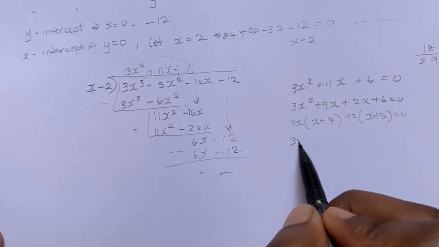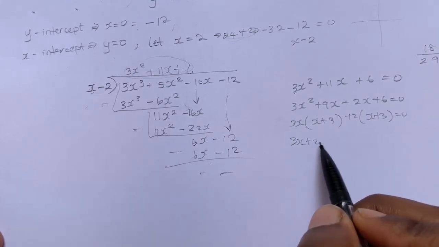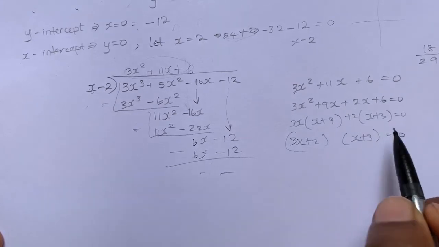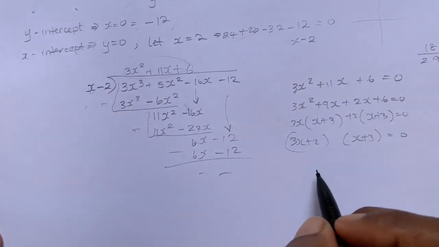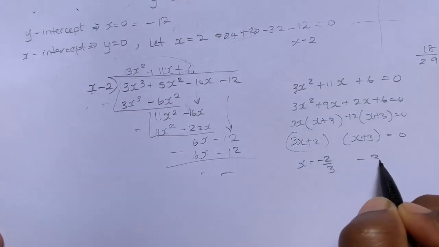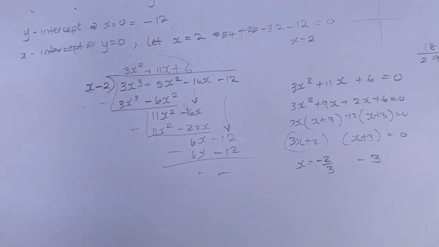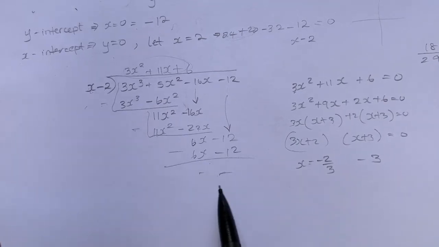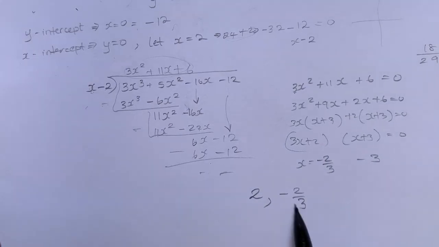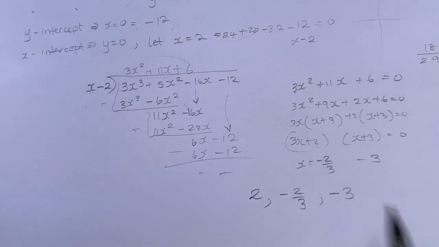So we have 3x plus 2 and x plus 3, which makes the other two x values a negative 2/3 and a negative 3. Therefore, our curve will cut the x-axis at 3 points: 2, negative 2/3, and negative 3.